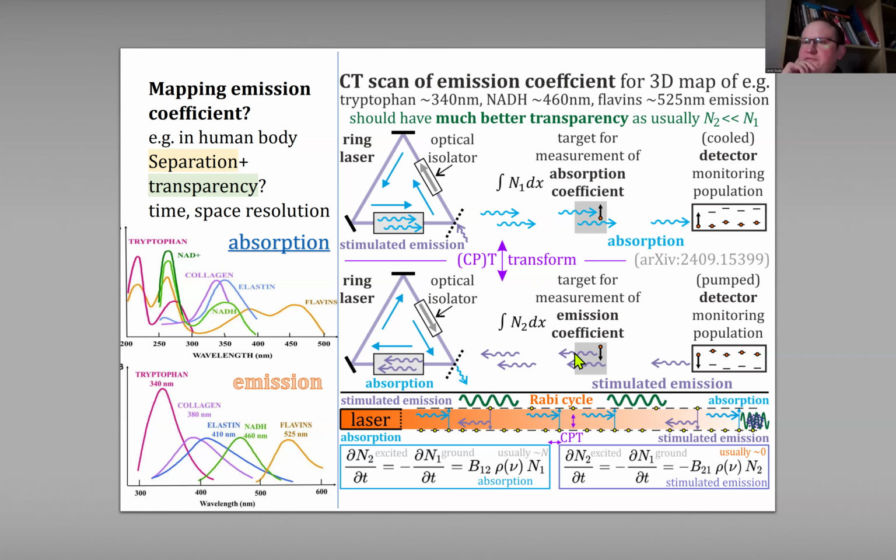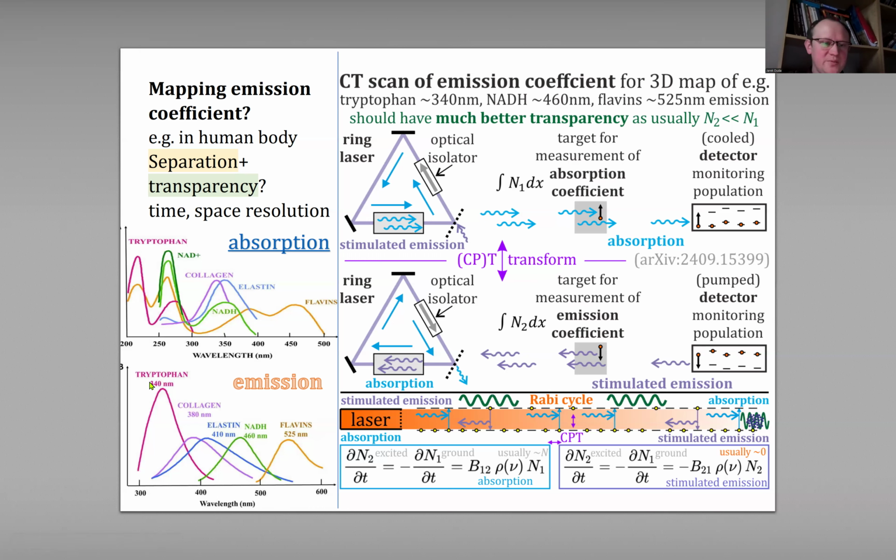If so, we could make 3D maps, performing CT scanning like this, not of absorption, but of the emission coefficient. We should be able to make 3D maps of the emission coefficient. Inside the body, it turns out there are many molecules which are excited through chemistry.